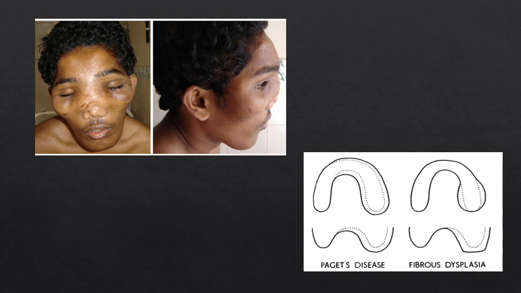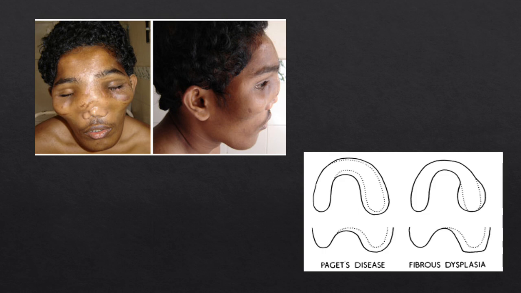The patient is going to have a lion-like face wherein there is going to be bone resorption and bone deposition in the area. As you can see, the patient has a broad nasal bridge and a deformed face. How the alveolar ridge is going to occur is similar to that of Paget's disease.